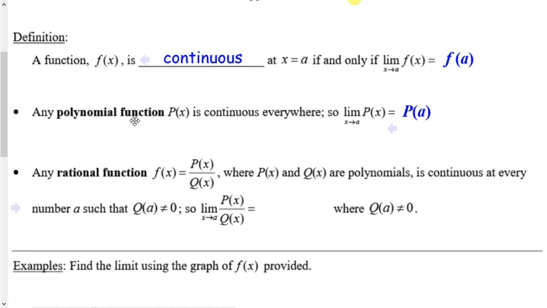Next, a rational function, which would look like a polynomial p of x divided by a polynomial q of x, is continuous everywhere for every value of a, except those values of a that make the denominator equal to 0. So that means the limit as x approaches a of p of x over q of x is equal to p of a over q of a.